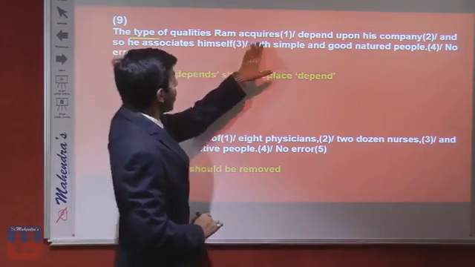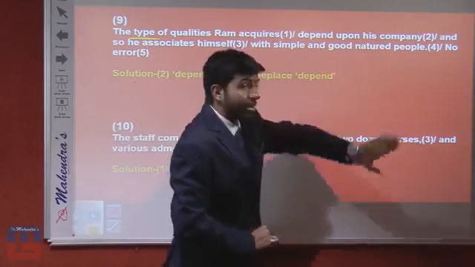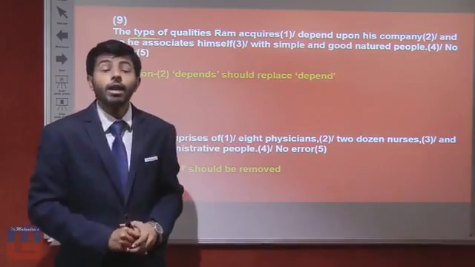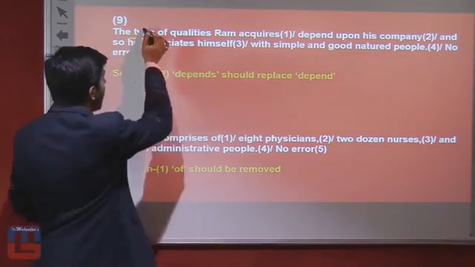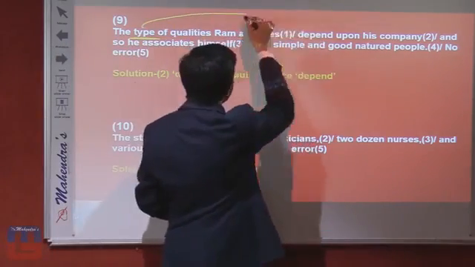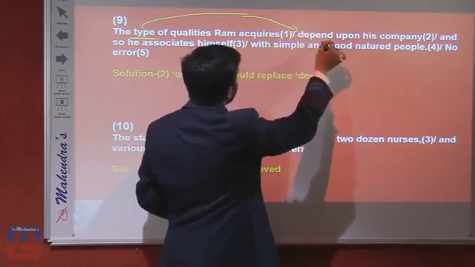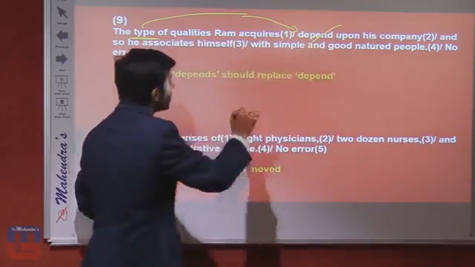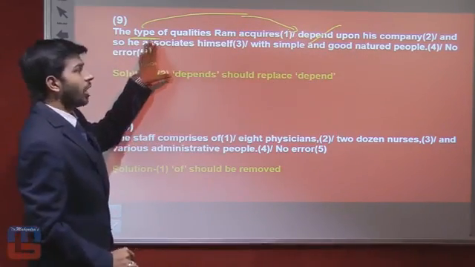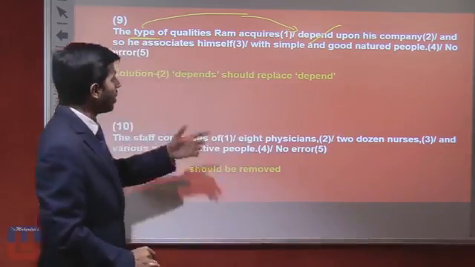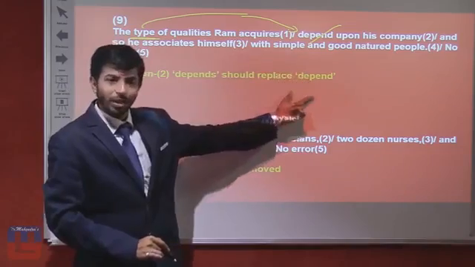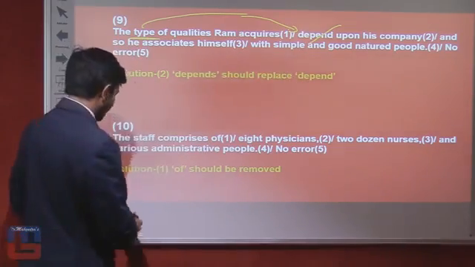The type of qualities Ram acquires depend upon. In which condition can we use depend? When the given subject is in plural form. But here type is given and depend is used. So depend is not used with type because it is singular. It is necessary to take a singular verb. Therefore depends should replace depend to make the sentence correct.